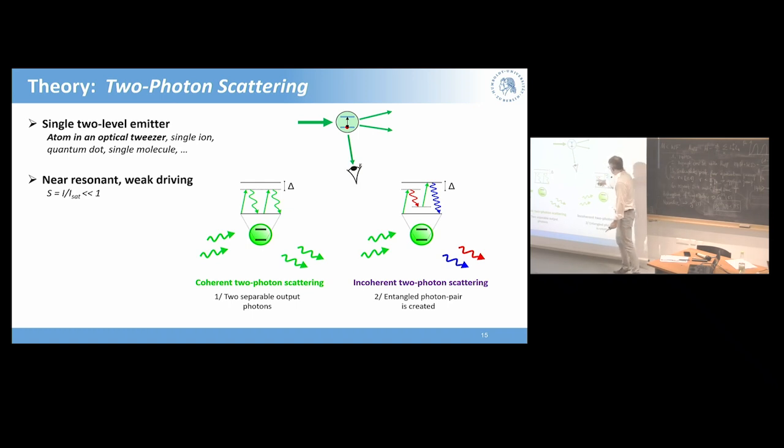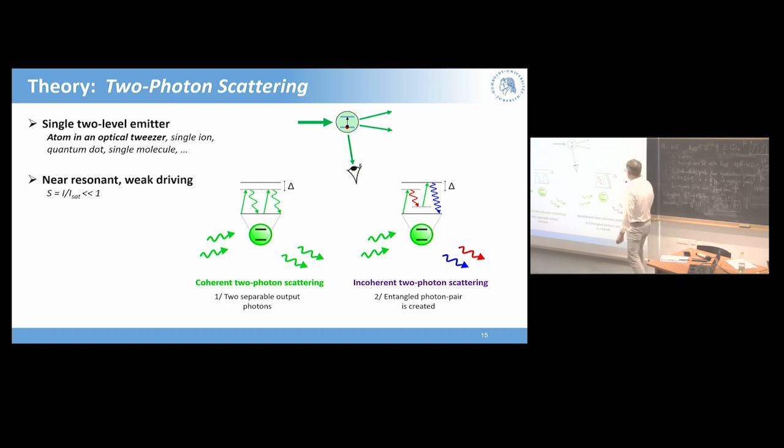Energy is only conserved in the full process. That means that the sum of the energies of these two photons has to be equal to the sum of the energies of the two pump photons. And then it turns out that these two photons are no longer independent because they are entangled in terms of their energy, and we are dealing with an entangled photon pair here, okay?